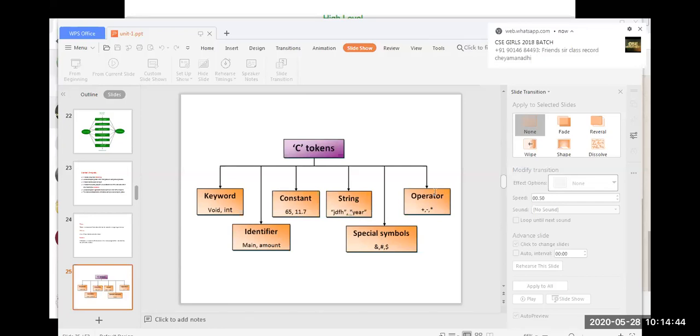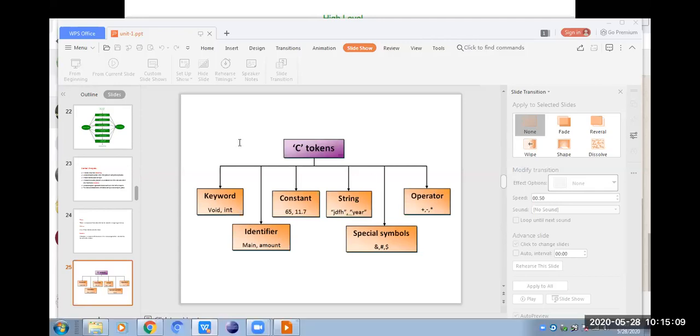If we write any C program, the total program can be divided into 6 parts. Some will come under keywords, some under identifiers, constants, strings, special symbols, as well as operators. Clear? That means we are classifying the program into 6 different tokens.